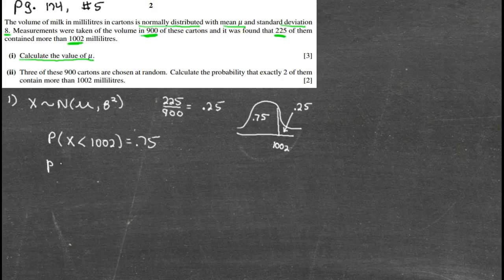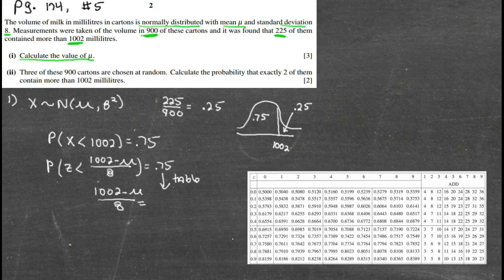So it's going to be the probability of z being less than 1,002 minus mu, which we don't know, over the standard deviation, which is 8. And we know that's going to be 0.75. So now all we've got to do is find out what the table says for 0.75. I look at the probability of 0.75.